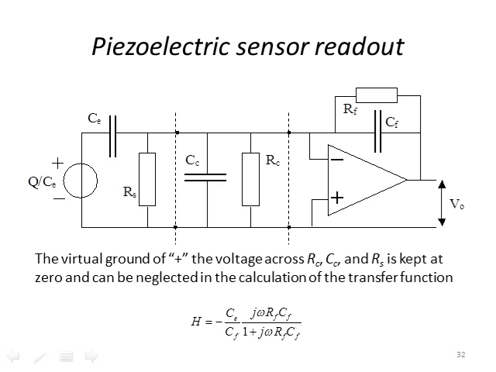So we can, with reasonable accuracy, remove those from the circuit, which allows us to formulate a relatively simple transfer function, which is V out over the input voltage, which is Q over CE. And if we do some of the algebra, then the transfer function is equal to negative CE over CF multiplied by j omega RFCF over 1 plus j omega RFCF.